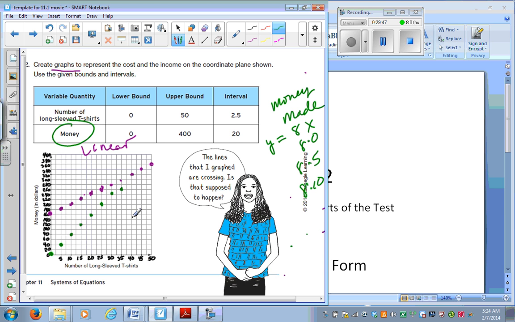Sorry, not on top of that dot. Sorry guys, it's really easy to make a mistake on these, as you guys can probably tell. So right here at 30, my dot should be at 240. 35 would give me 280. 40, now this is where it would be 320.